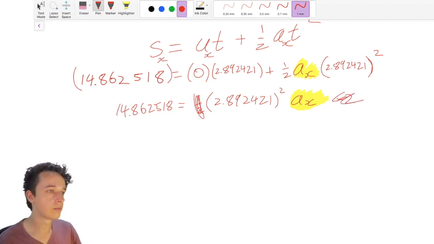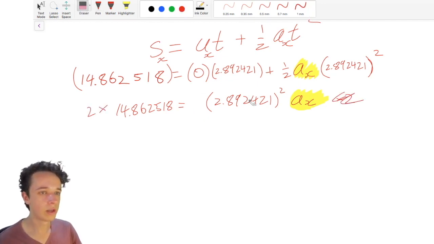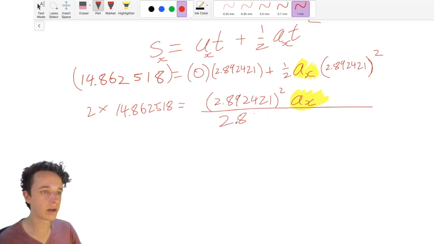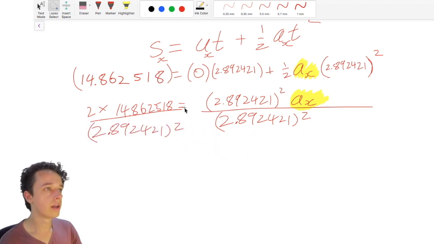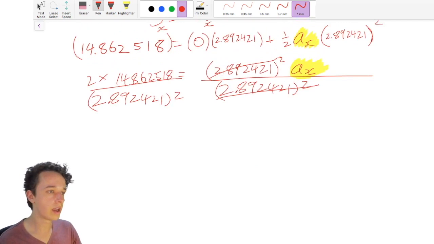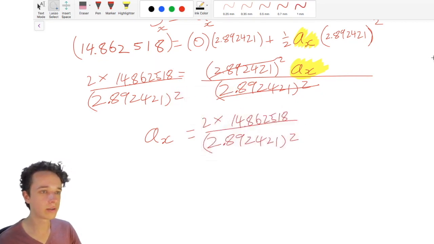And then if we divide both sides by 2.892421 squared, the number will cancel out with itself, and we'll be left with ax equals this thing here.